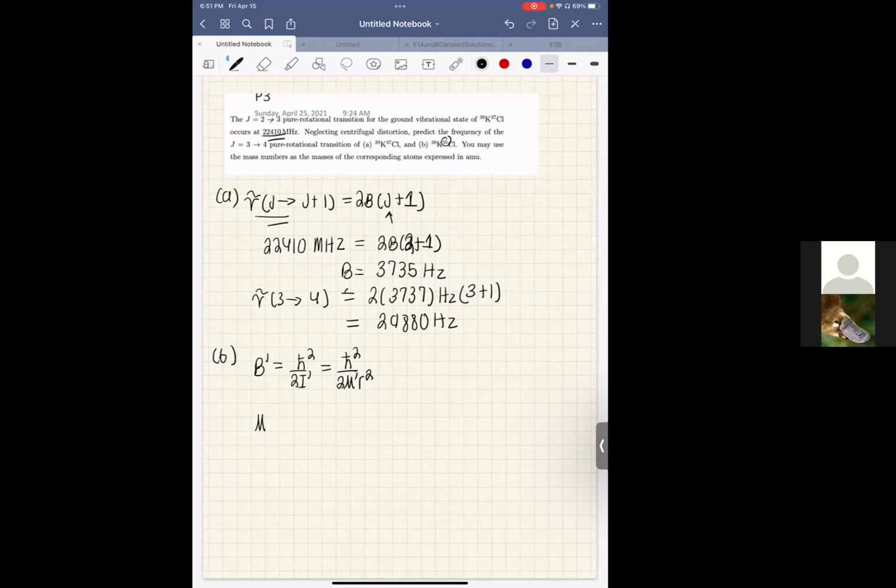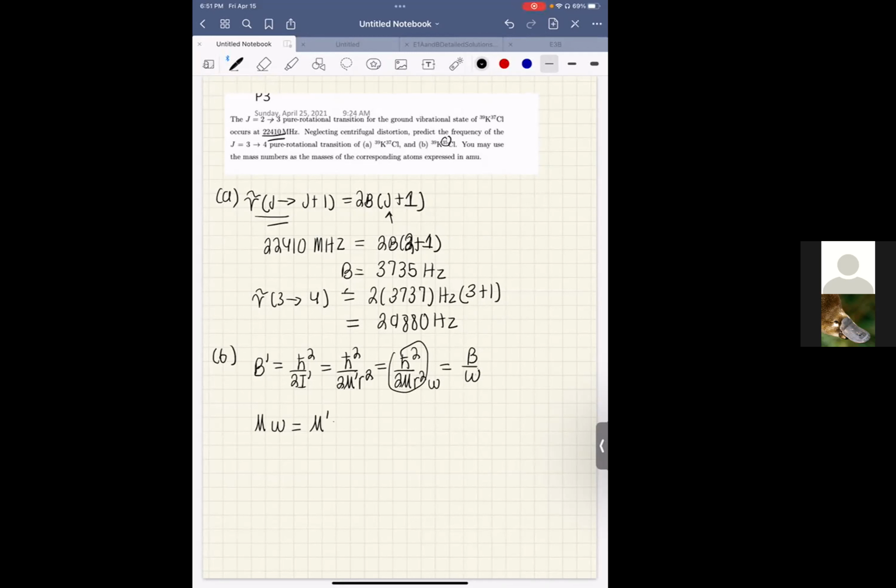We're trying to get m times some constant w, so we get this equal to B over w. From solving this, we know what B is, and if we solve for w, we can find the rotational constant and just solve the equation.